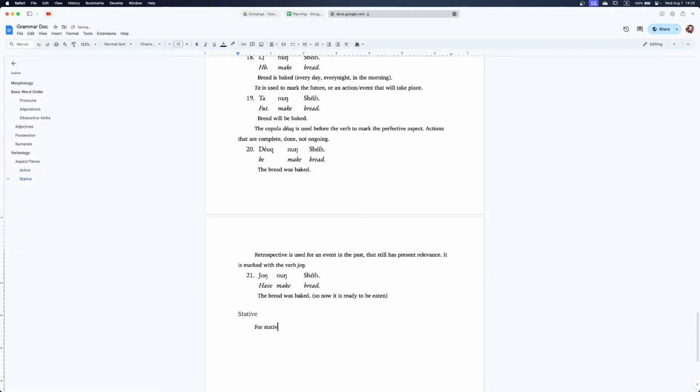For stative verbs, the bare form is used to mark a state that no longer exists. The subject, I should say, was in that state, but no longer is.